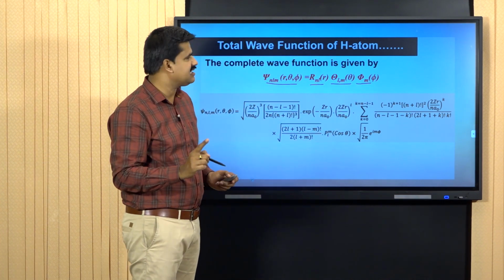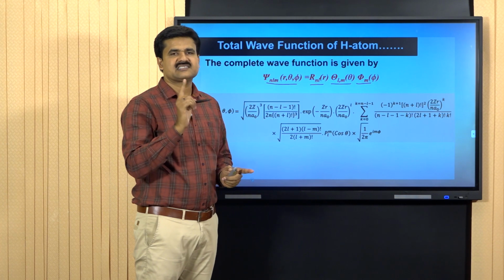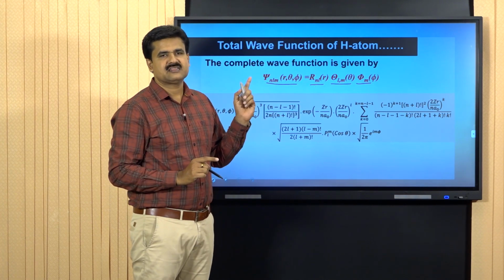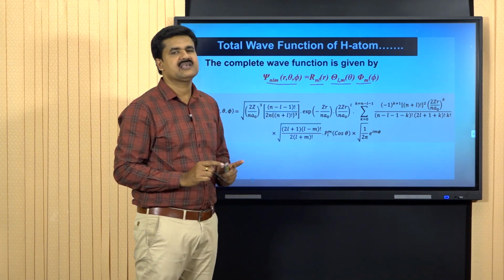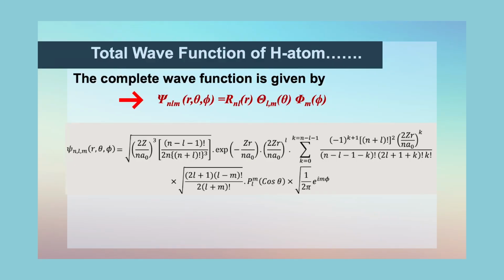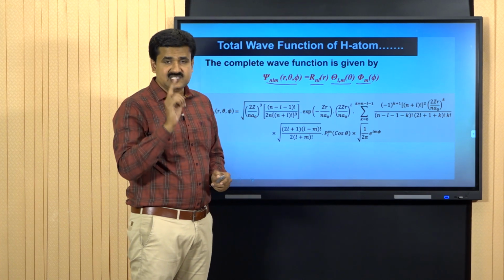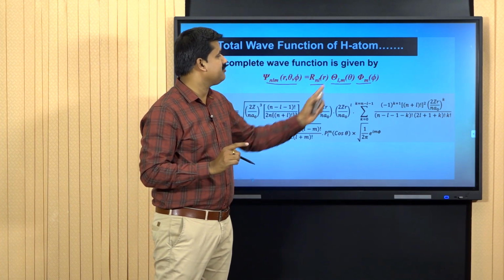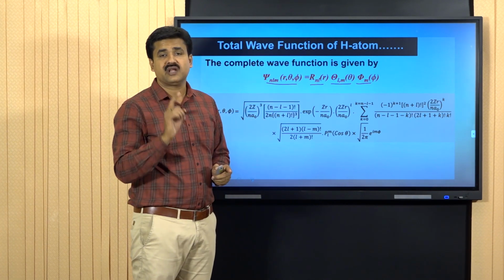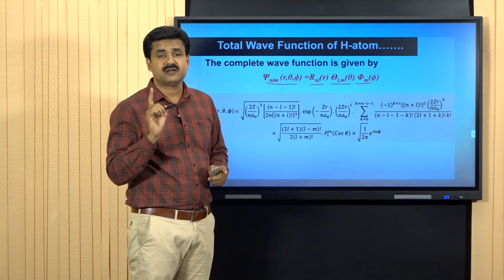R n l (r) is the radial part of the wave function, Theta l m (theta) is the theta part and Phi m (phi) represents the phi part. The radial part depends on two quantum numbers, namely principal and azimuthal, that is n and l. The theta part depends on two quantum numbers l and m. And the phi part depends only on the magnetic quantum number m.